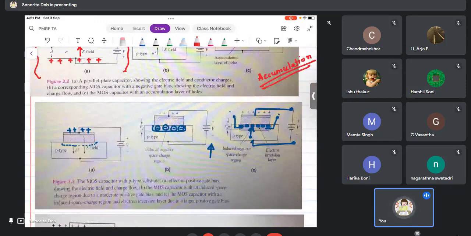This region is called depletion, because there is depletion of charges, and then this is inversion. For working as a MOSFET, we take it to the inversion region. Only then will it start working, and only then will it start conducting current.